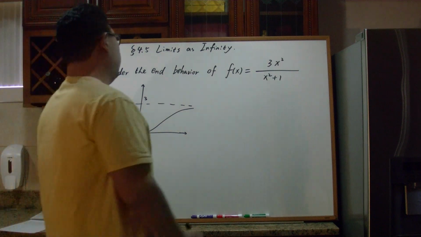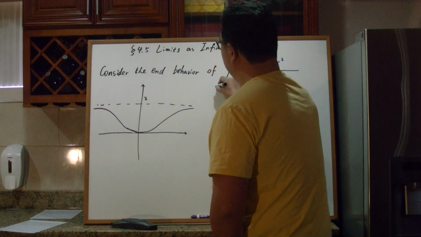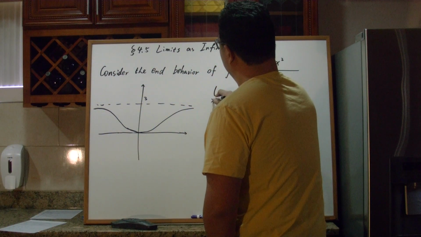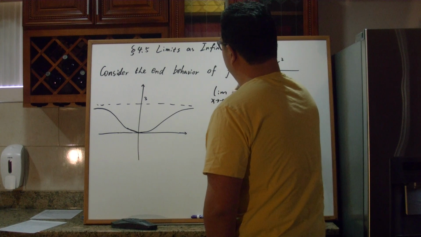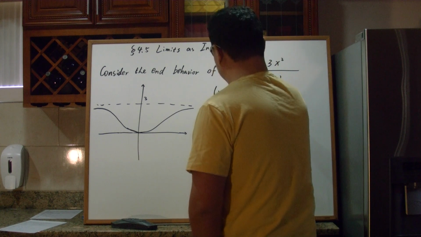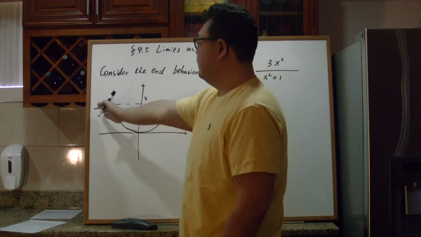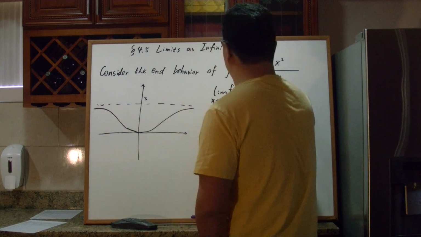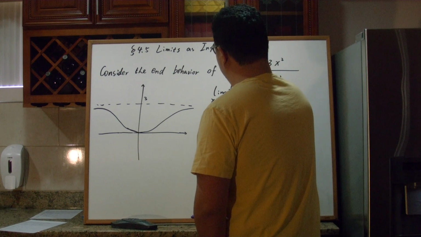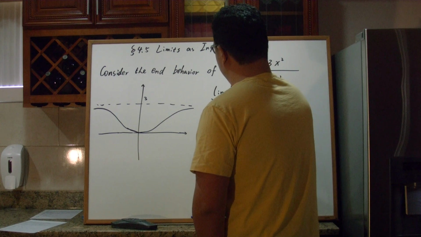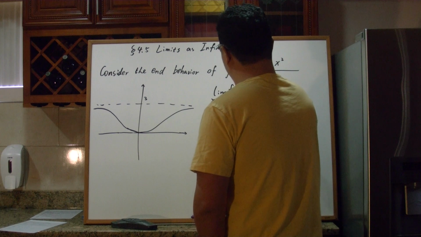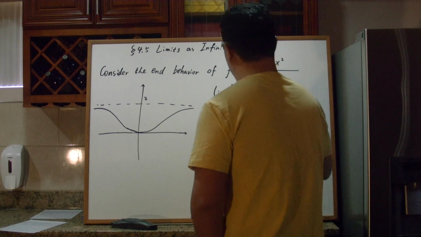What we consider is the limit as x approaches negative infinity of this function. We have the y value is 3. And the limit as x approaches positive infinity of f of x is also 3.